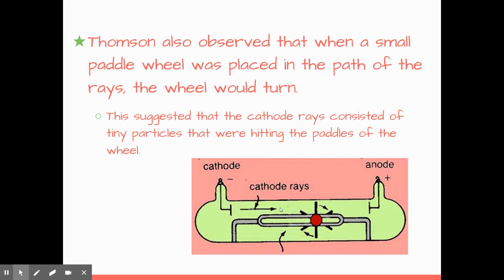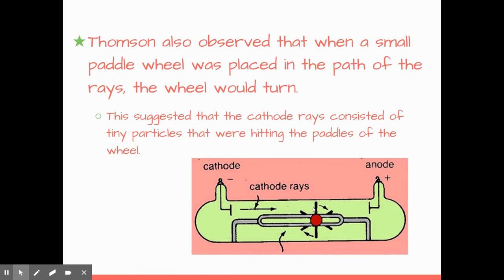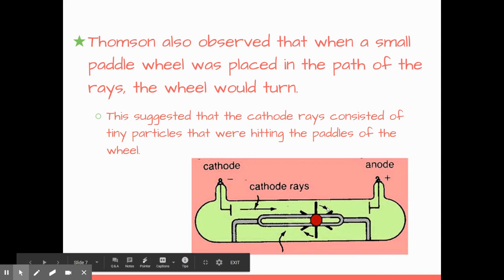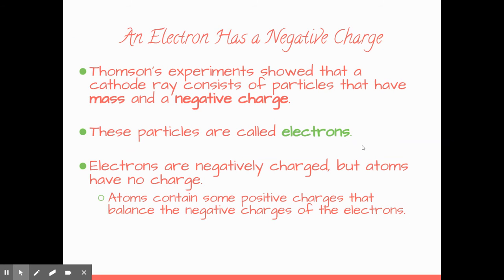And also, when you put a paddle wheel in the way, the cathode rays will strike the paddle wheel and it will turn it, right? And so that must mean that the particles have mass, right? And so Thomson's experiments showed that cathode rays consist of particles that have mass and have a negative charge. They were later called electrons.